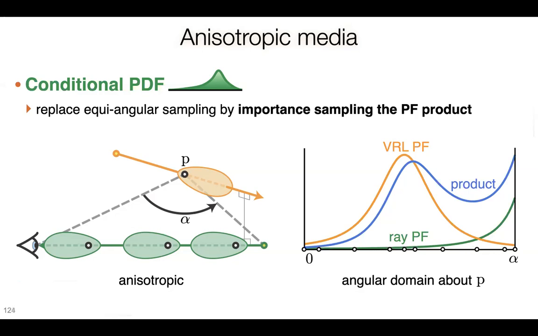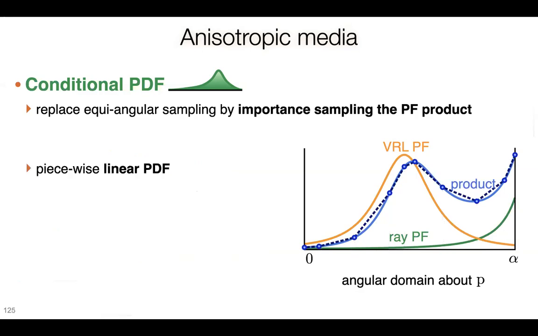They importance sample these 10 samples in such a way that they don't miss the sharp features in this product itself, and they evaluate the corresponding curve of this product of the phase functions as either a linear interpolation, which looks pretty close to the product, or the quadratic piecewise.